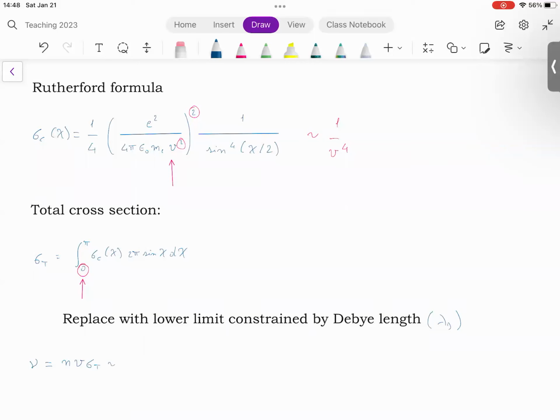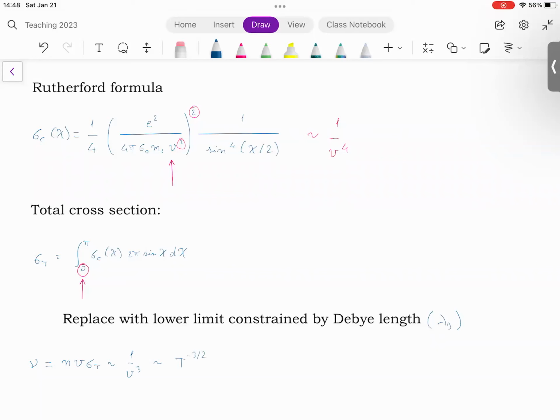And this is going to be proportional to 1 over v to the third power, which is itself the same depending on your units, or proportional to the temperature to the -3/2.